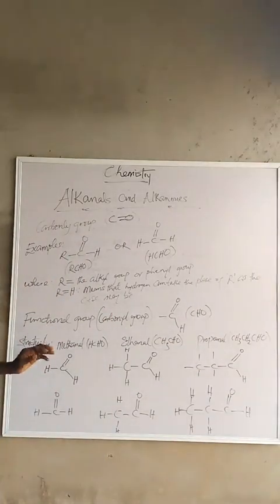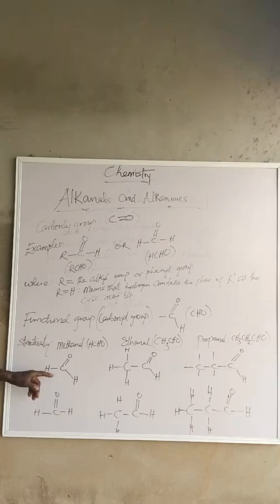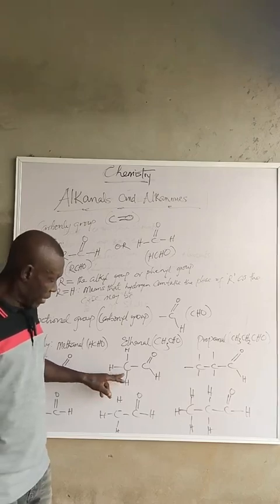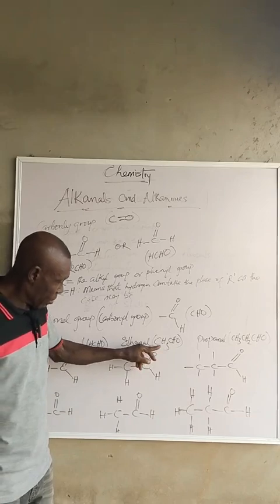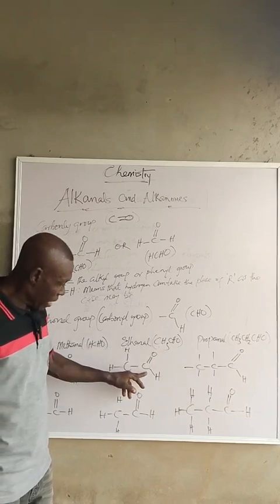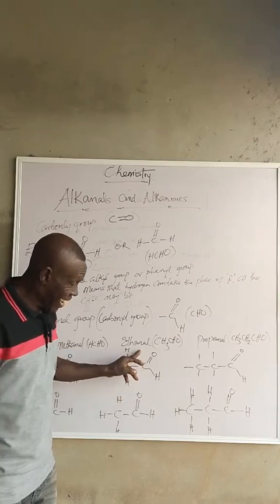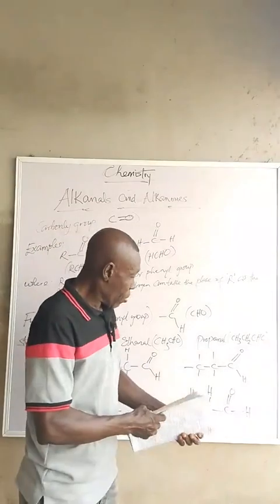Now, structurally, you see H bonded to C double bond O, H. This is the structure of methanal. Then ethanal: a carbon atom here with three hydrogen atoms, and then the carbonyl group at the one end. Then we also have propanal.